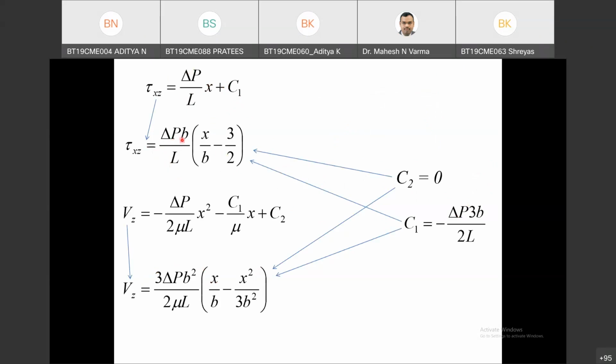So this is delta P B divided by L times x by B minus 3 by 2. And this is when origin is at the bottom. This is the velocity profile.